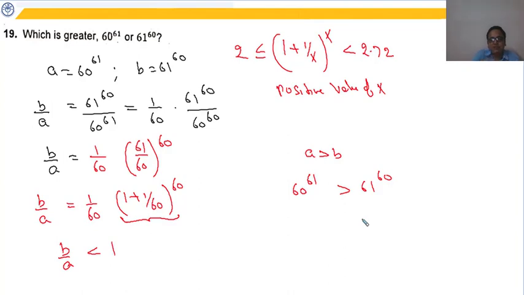Whenever the expression is in this form, we can gauge the range of (1 plus 1 by x) to the whole power x, for all positive values of x, when it is 1 by x. So we use this identity, this result, to get our value.